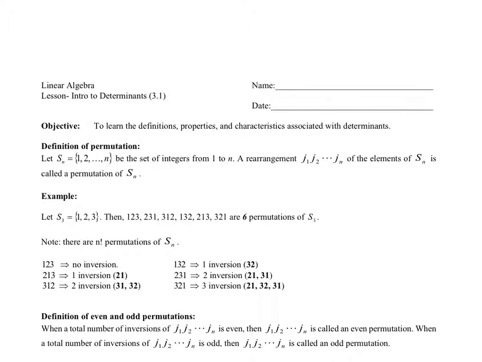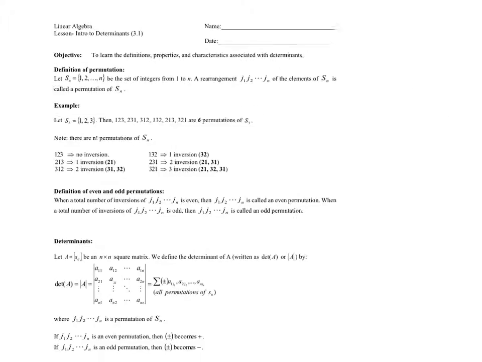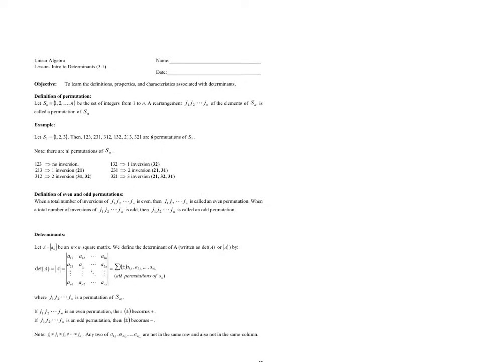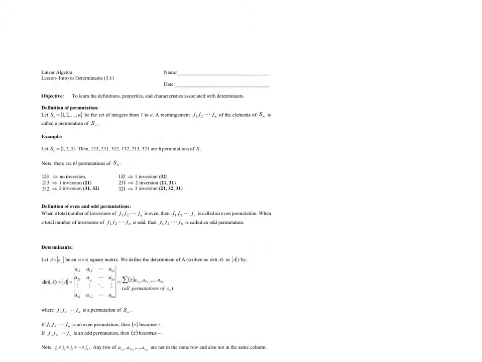Honestly, I played around with this lesson a lot, and I've reorganized and rewrote, and I just don't think that there's a nice, convenient way to type up this concept in a way that's simple and to the point, right?